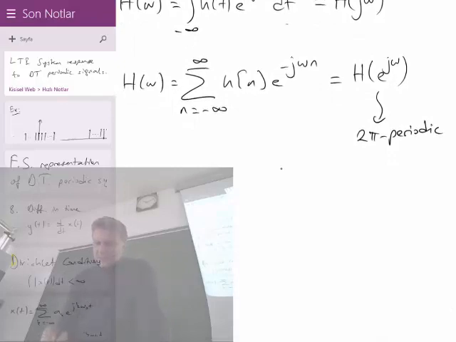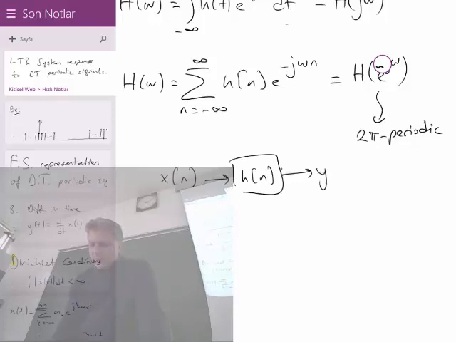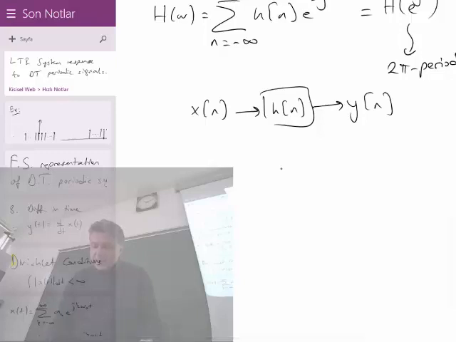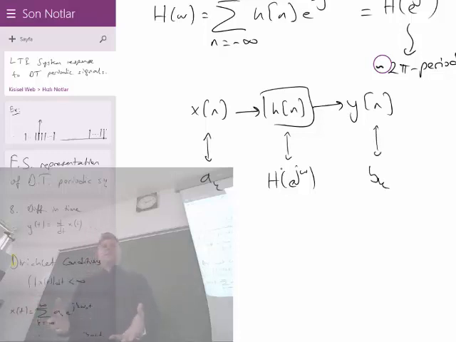Now, what you need to do then is like this. If x of n goes into a system and y of n comes out, and that's the whole concept, in this situation we have the corresponding a_k here and the corresponding H of e to the j omega here, and the corresponding, let's say, b_k, the new Fourier series coefficients.